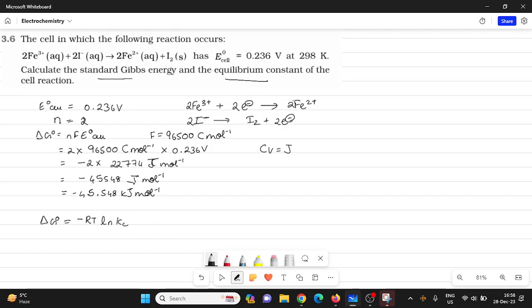I'm going to use joules per mole because the value of R equals 8.314 joules per Kelvin per mole. It's encouraged to have them in the same units. The temperature given to us is 298 Kelvin.